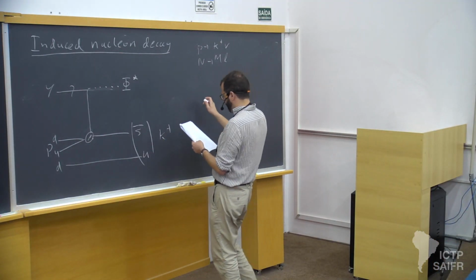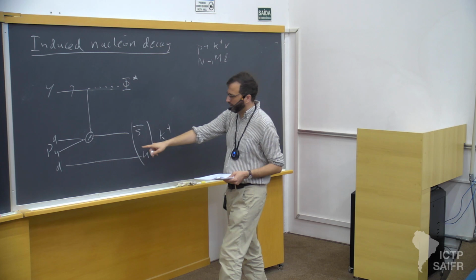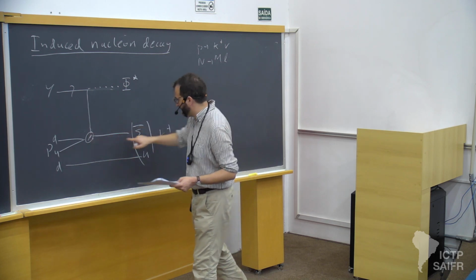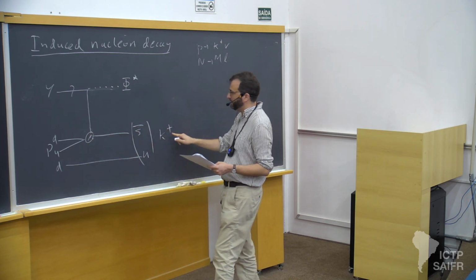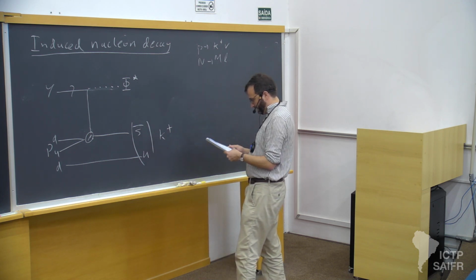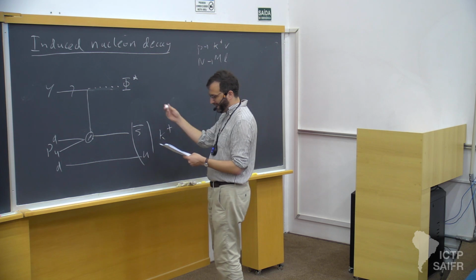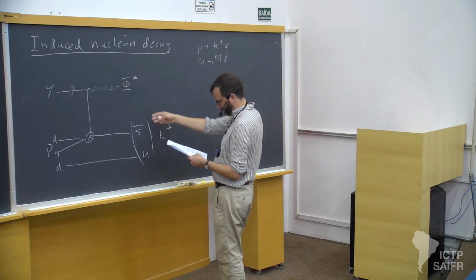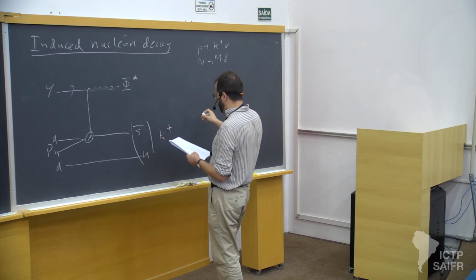So we have the process here. In this example, I chose these flavors so that we'd get a K plus in the end, but other possibilities are also there. So in the end, we get these induced nucleon decays.